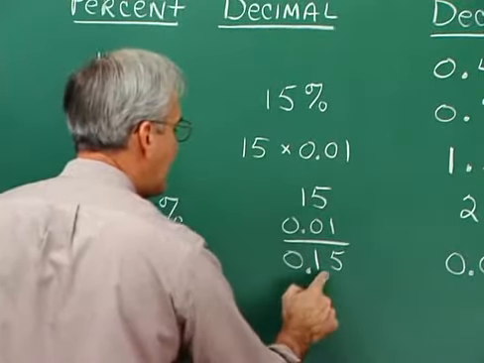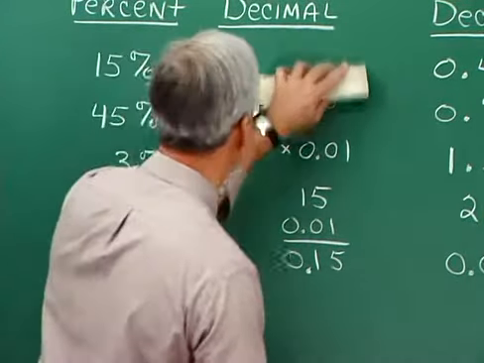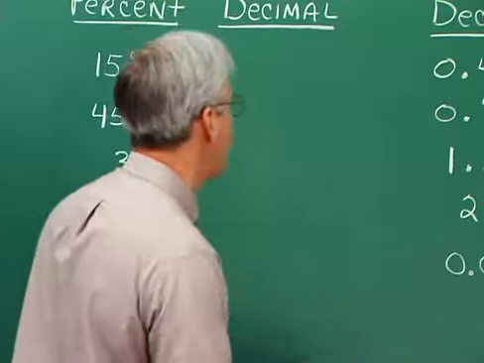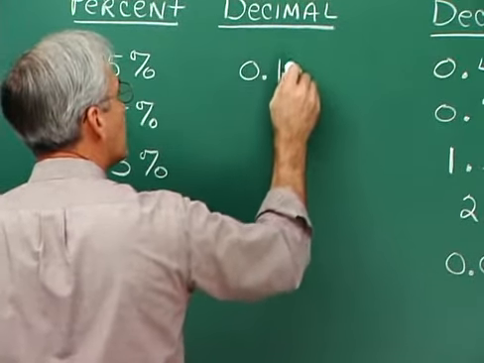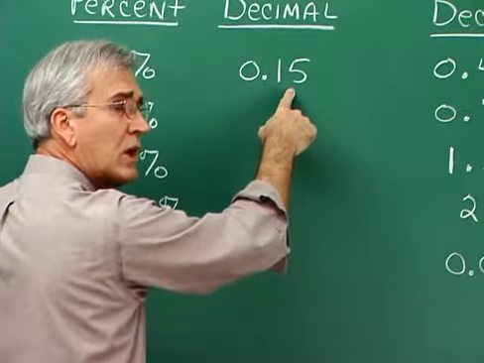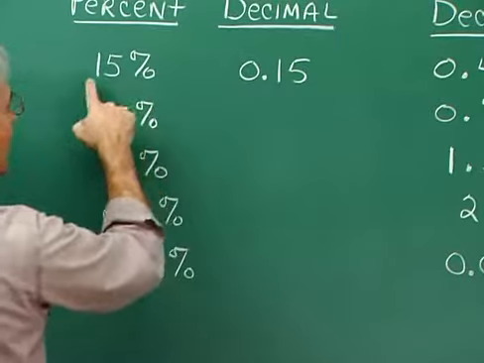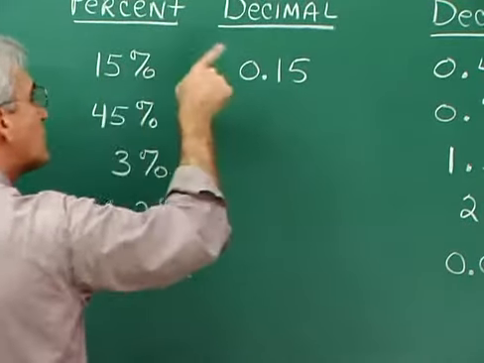So here is the decimal corresponding with 15%. So 15% is 15 hundredths. No surprise there, is it? You see, by replacing the word hundredths with the percent business, we are saying the decimal that we convert to.